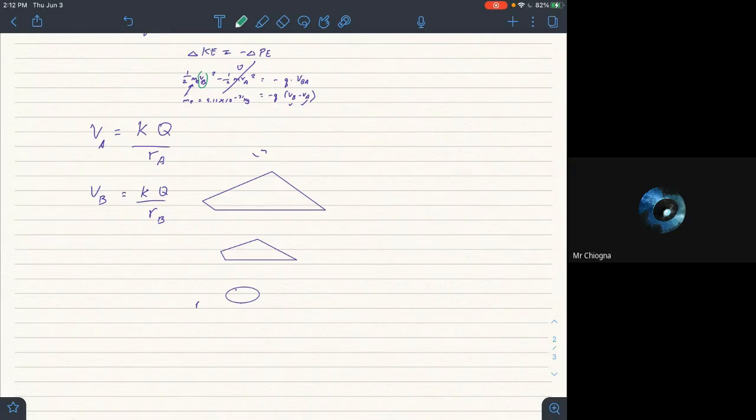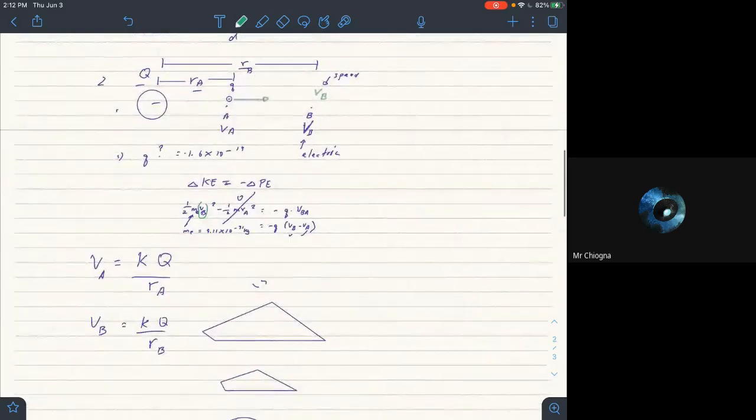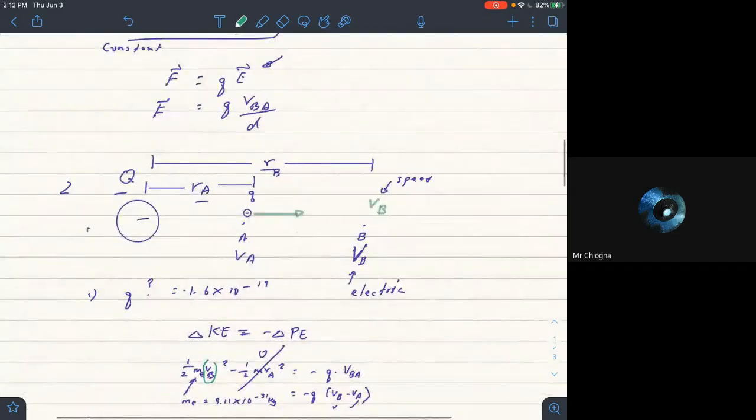Is there anything else I wanted to ask you about this problem? What is this similar to, this problem that we just went over? You're moving from point A. What would you characterize point A as, high or low potential?